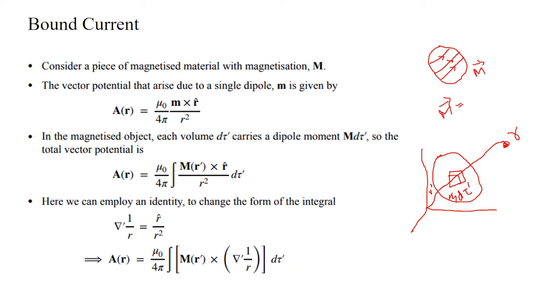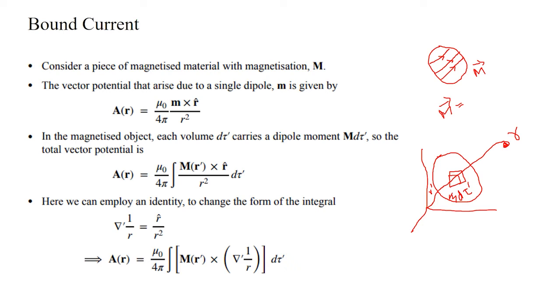Placing this in the equation, we get mu naught by 4 pi integral of M of R prime cross gradient prime of 1 by R d tau prime.